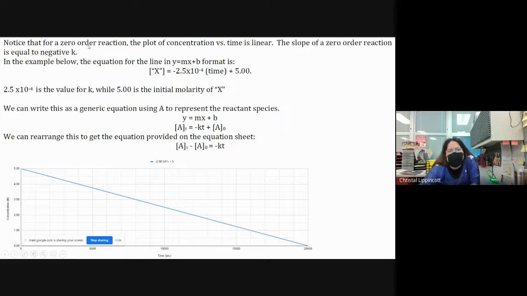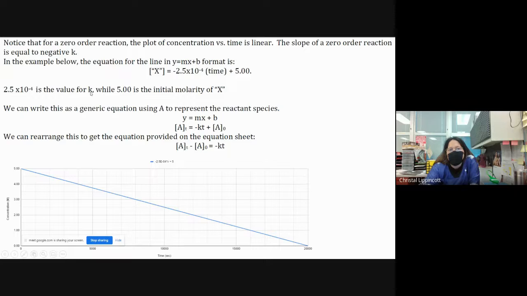When we look at our zero order reaction and we have that linear slope, we can look at the slope of the line. The slope of the line then is going to be your K value. Okay, so when you have your slope, that slope is your K value.